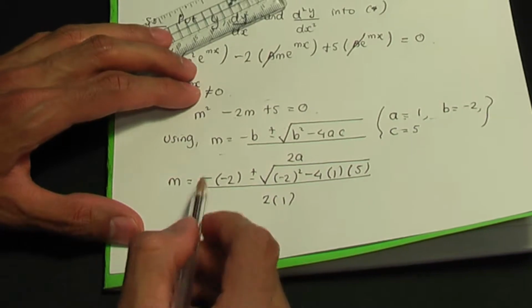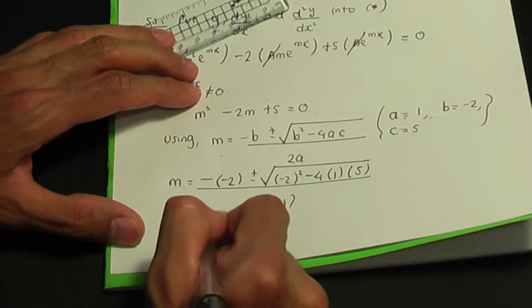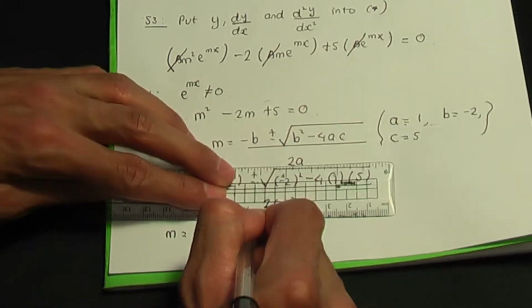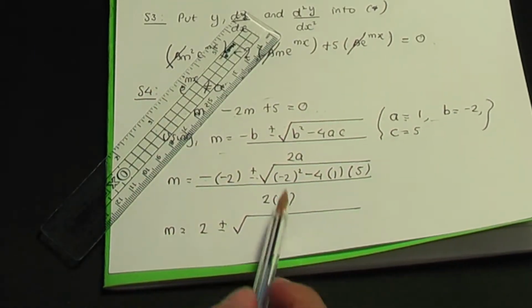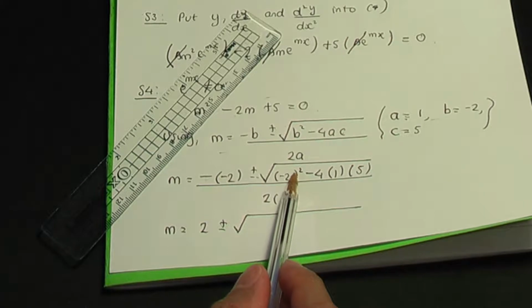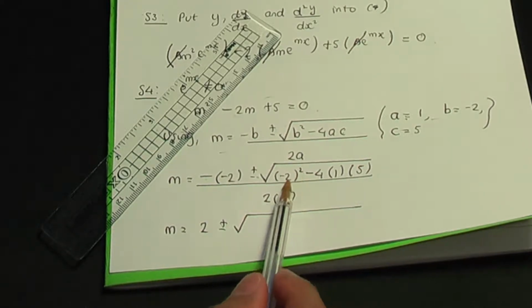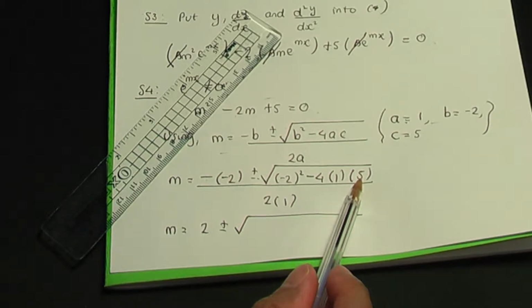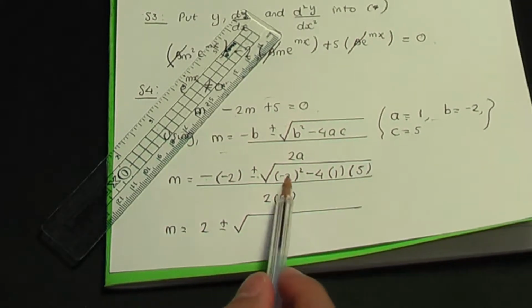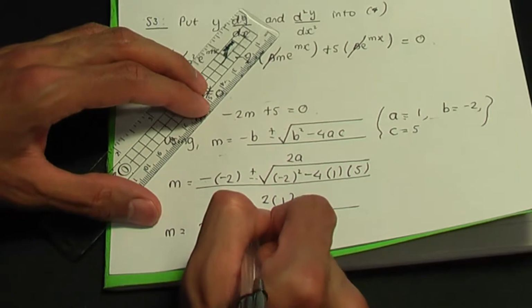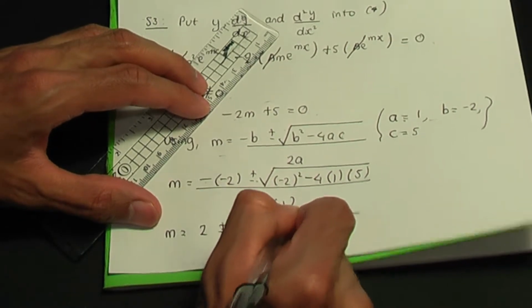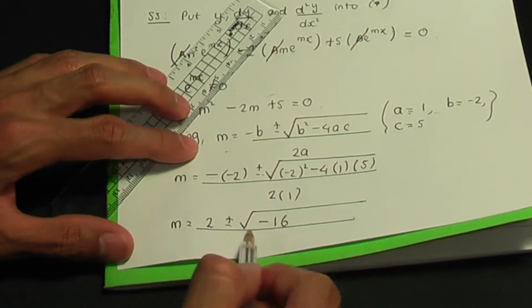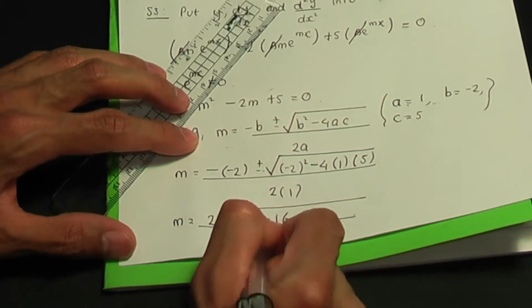So m will be minus times minus 2 is plus 2, plus or minus the square root of, minus 2 squared is 4, and 4 minus 4 times 1 times 5 is 20. Okay, so 4 minus 20 is minus 16. So that is the term under the square root, divided by 2 times 1, which is 2.